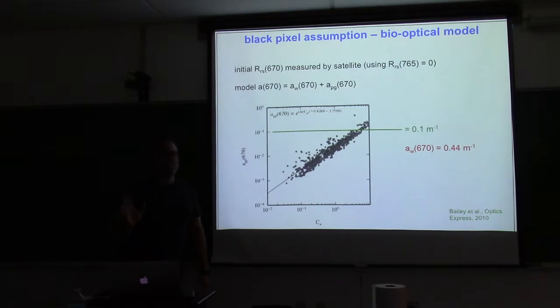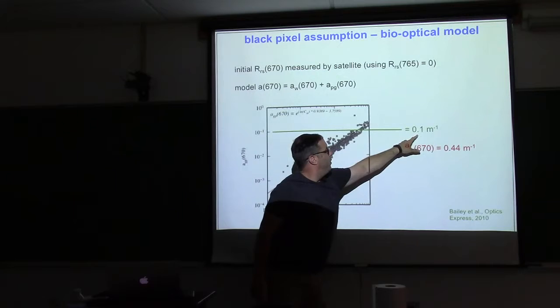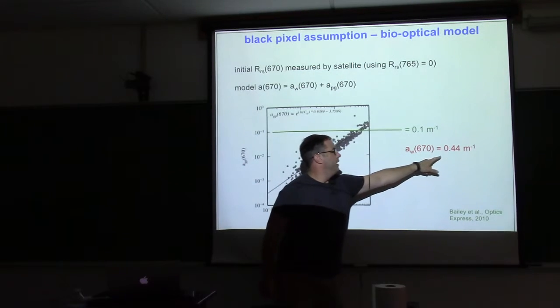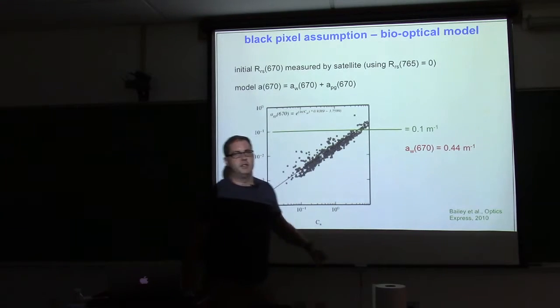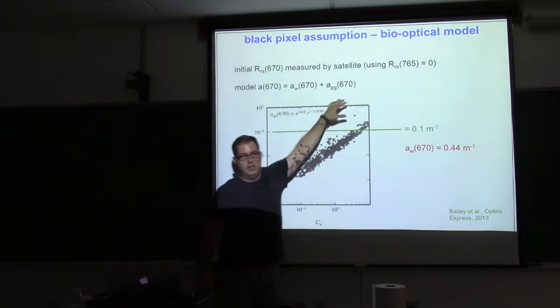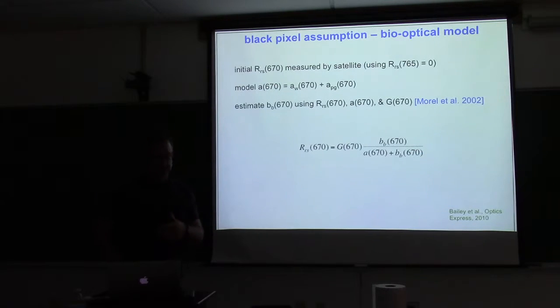The reason that doesn't really matter is, look in log scale here. This line indicates 0.1 inverse meters. The contribution by water at this wavelength is 0.44 inverse meters. So water is totally dominating the signal. It's just getting nudged a little by this model. And reviewers like to see that you're thinking through all of this.